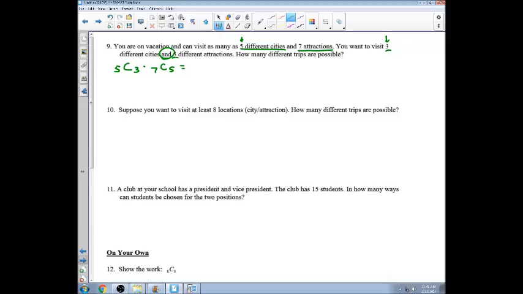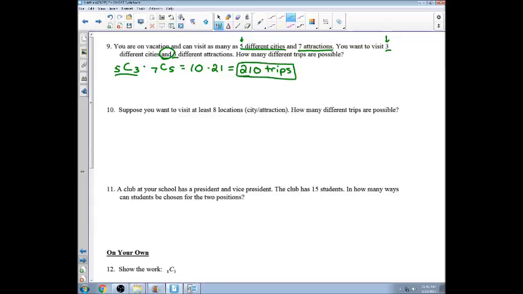If I use my calculator here, I find out that 5 combination 3 is 10 different combinations. Then the number of combinations I can have of the 5 different attractions from my 7 attractions, I'll find out that there's 21 different combinations that I can use. So 10 times 21 would be 210 different trips that I could take.